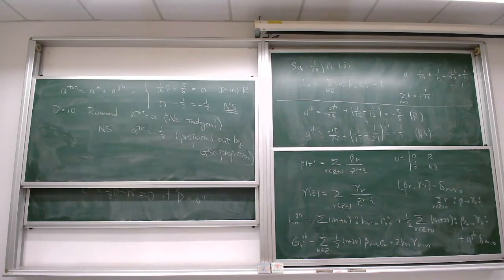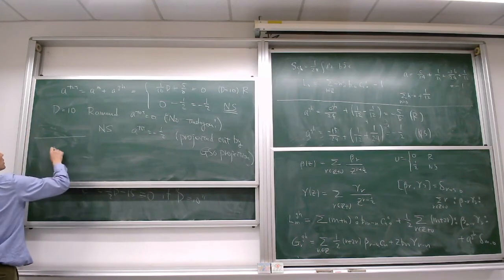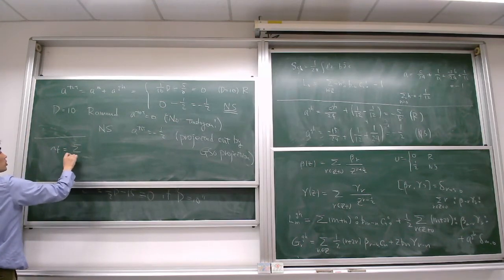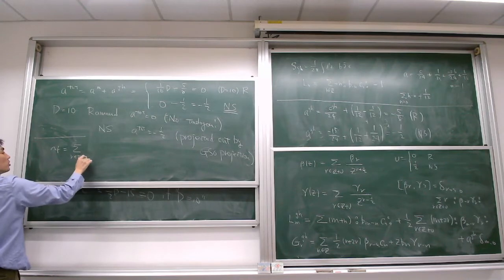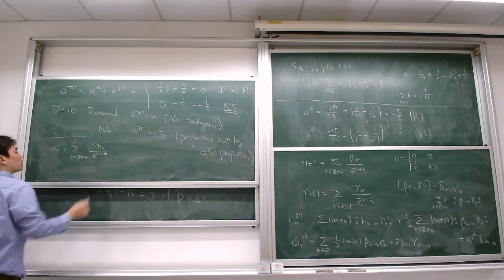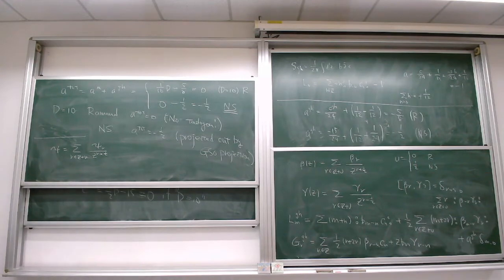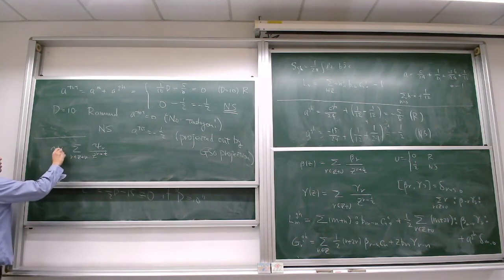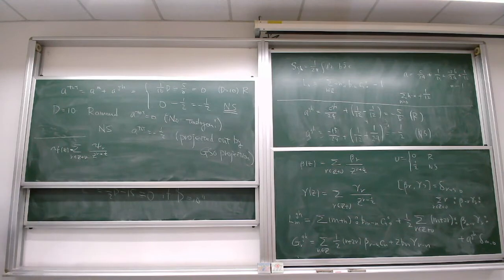Before that, let's look at the fermion spectrum. The psi has a mode expansion, sum over r of psi r, z to the minus r minus 1/2.